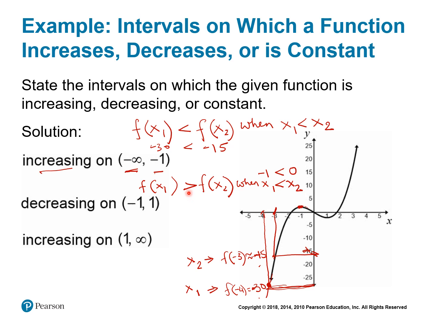Increasing means that the y value for x sub 1 should be greater than the y value for 0. So we see here that for negative 1, the y value is somewhere here. Let me pull up the pen again. It's somewhere here for negative 1.